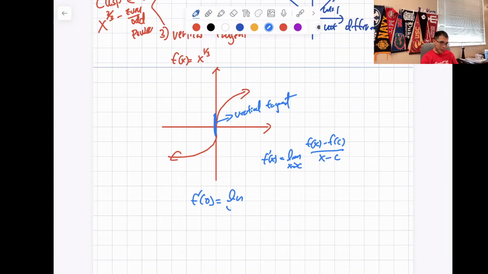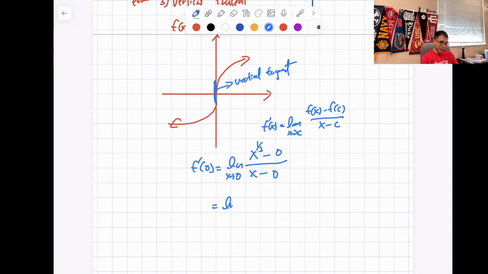It'll be the limit as x approaches 0 of f of x. What's the f of x here? x to the 1/3 minus, well, f of 0 is going to be 0. Is that okay? Over x minus 0 again. So that's the limit as x approaches 0 of x to the 1/3 over x.